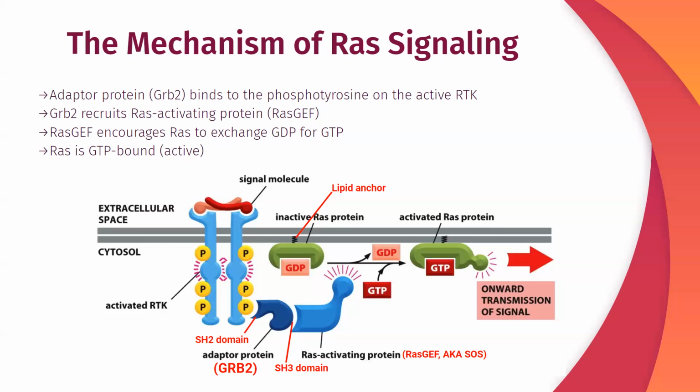It's a proline-rich region, and you're able to bind the SH3 domain. Yes? It has both. It has SH2 to bind to the phosphotyrosine, and it has SH3. Yes?